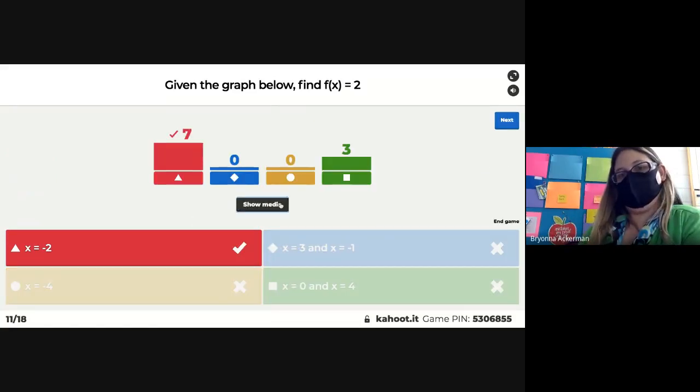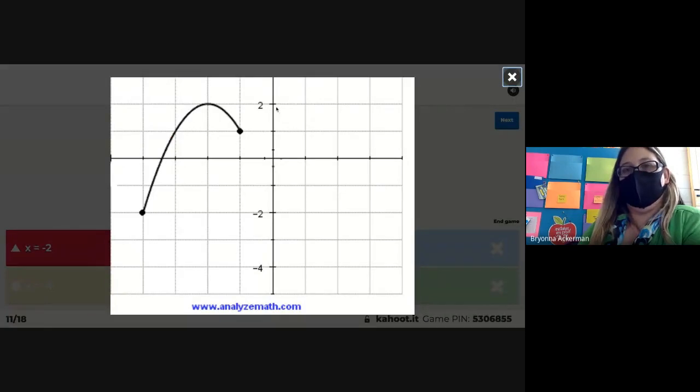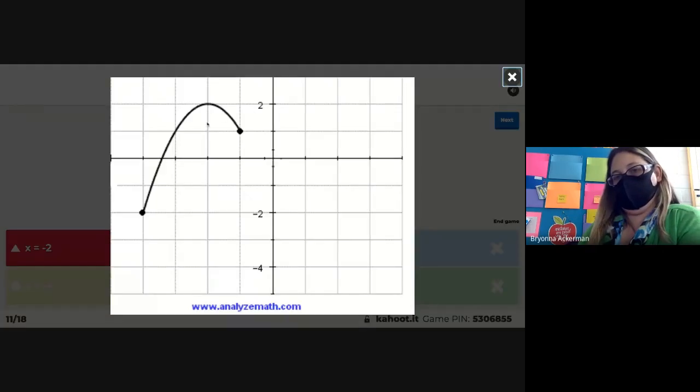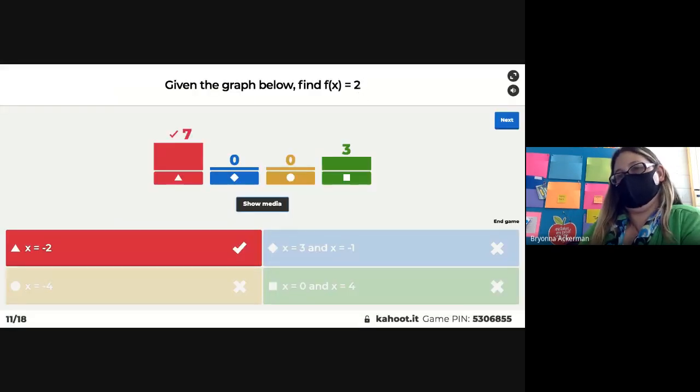Okay, so if y was 2, x also happened to be 2 in this case. Or negative 2. Because we're looking at the y value. See how it's on the outside? That's the y value. So if we're given the y value, we need to find the x.